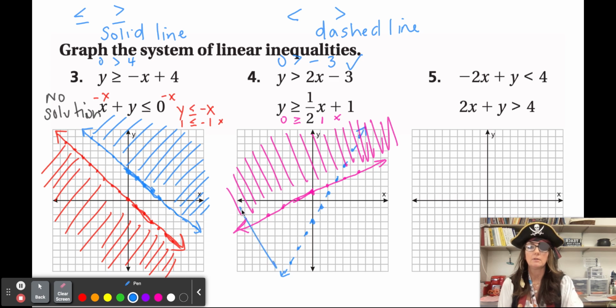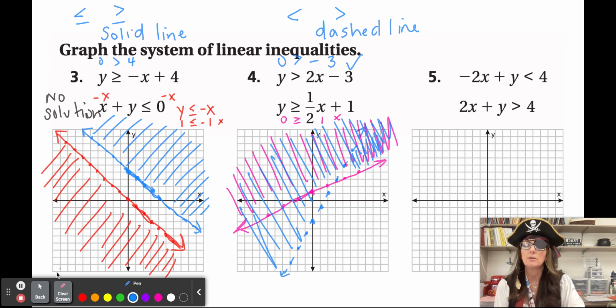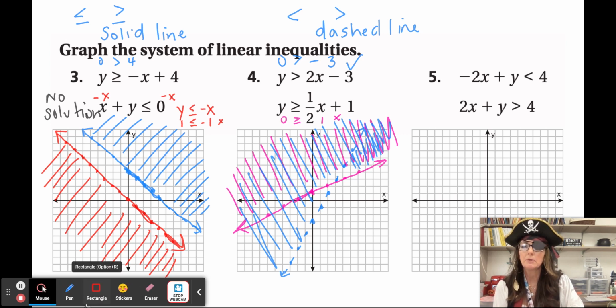Oh, look what I did there. How can I hit an undo button? Is there an undo button? Oh man, just have to erase it.